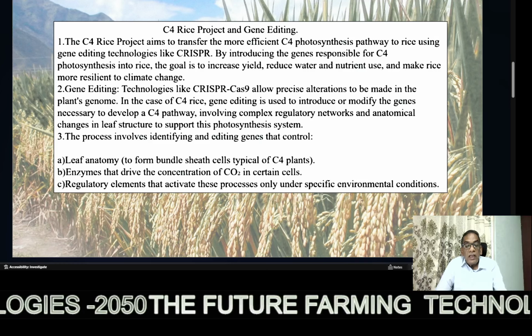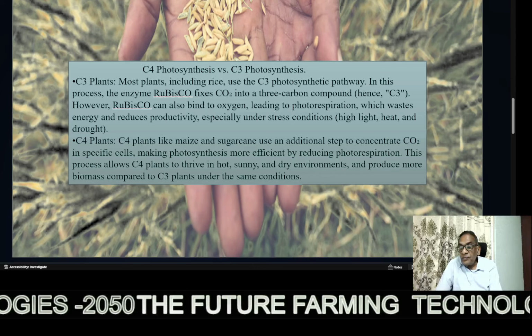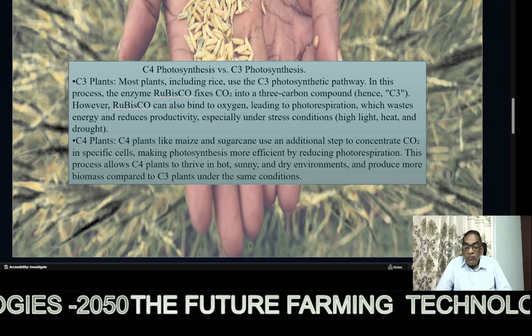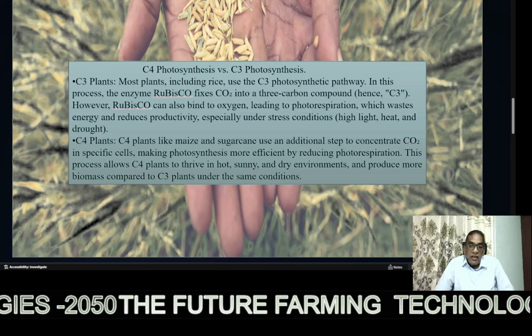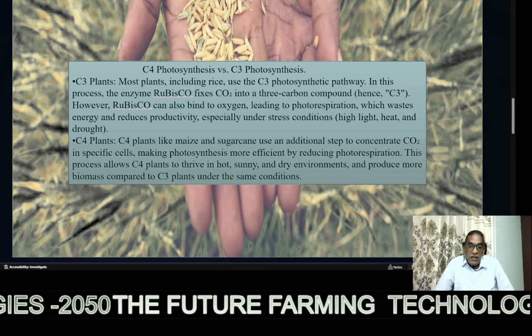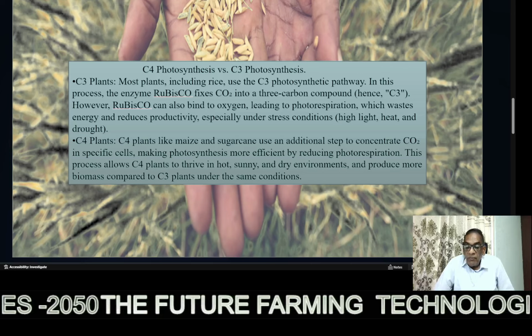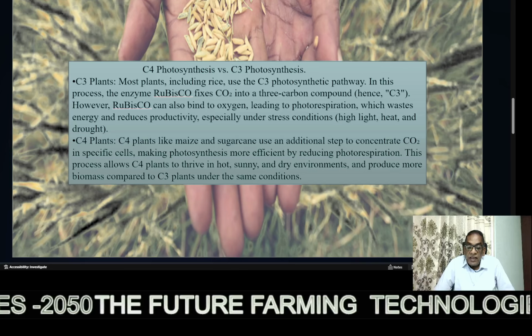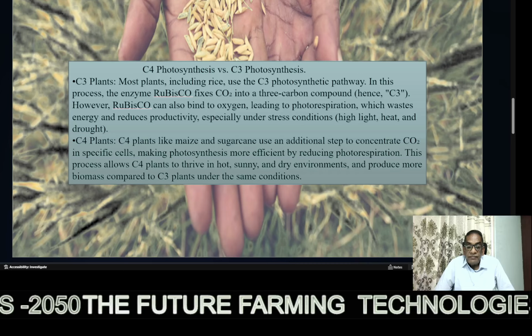Now the next slide is C4 photosynthesis versus C3. What is C3 photosynthesis? Most plants, including rice, use the C3 photosynthetic pathway.